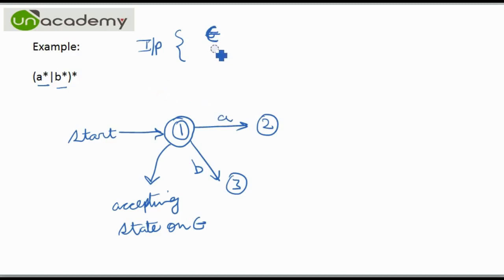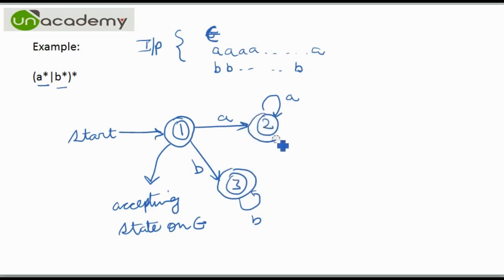We can have strings like A n number of times, and B similarly n number of times. So as we had seen in the previous example, 2 and 3 are also accepting states.